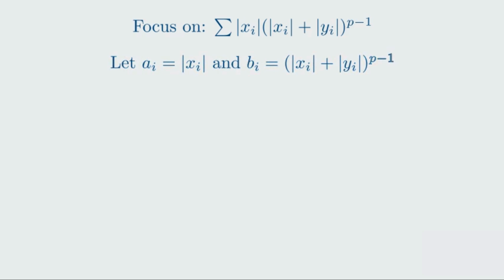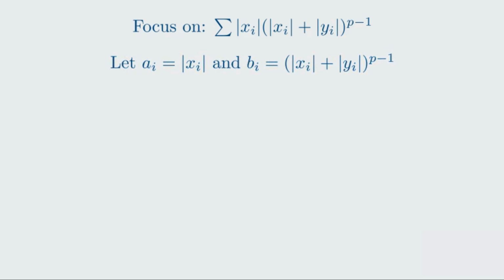The first is simply the sequence of absolute values |x_i|. The second is the sequence where each term is (|x_i| + |y_i|)^(p-1). So, we set our a sequence to be |x_i| and our b sequence to be (|x_i| + |y_i|)^(p-1).